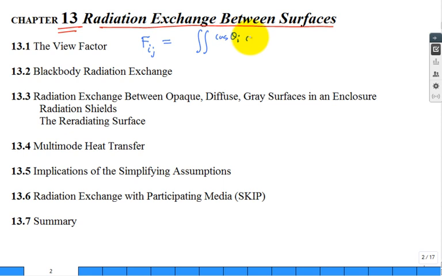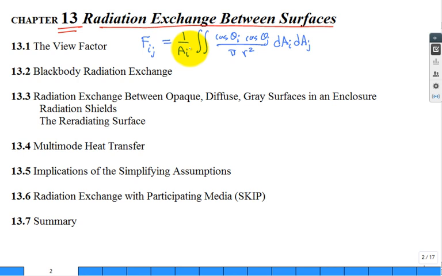And then we have the cosine of theta j, the angle with respect to the normal for surface j. You divide by pi and that distance squared, r squared, and you integrate over area i and area j. Now, to make this complete, you want to divide by the area i here, or you put it over on the left-hand side of the equation with F.